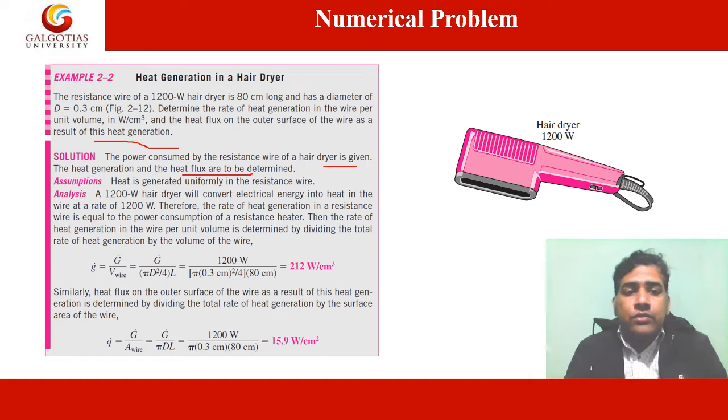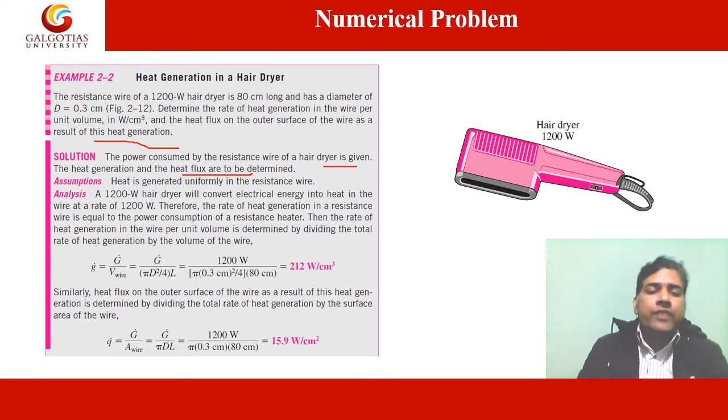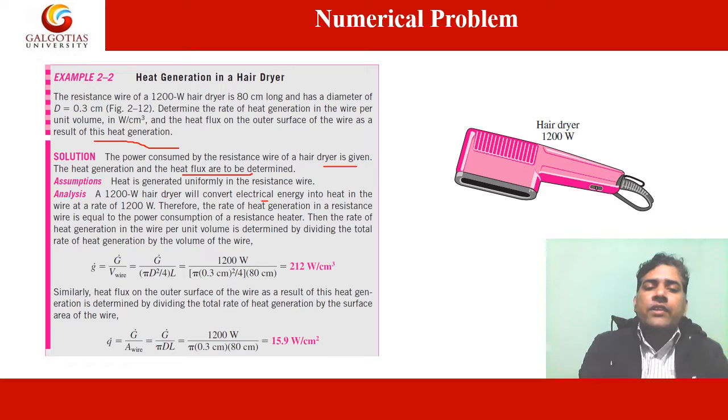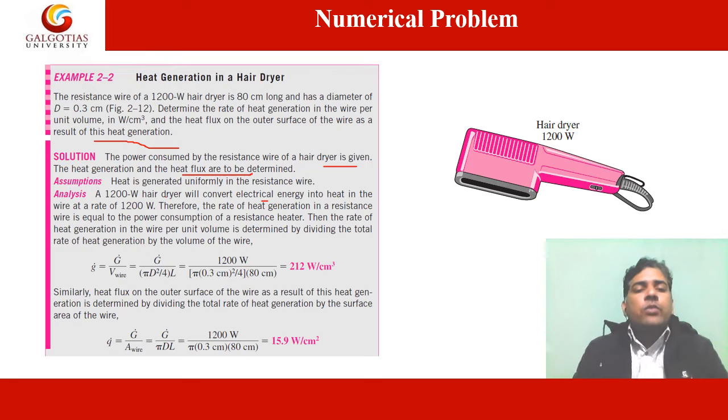Okay, so regarding the heat generation, the heat is generated uniformly in the wire. This is the assumption we have to make, otherwise the problem will be difficult. The 1200 watt hair dryer will convert electrical energy into heat in the wire at the rate of 1200 watt.